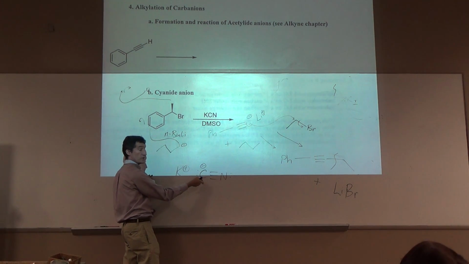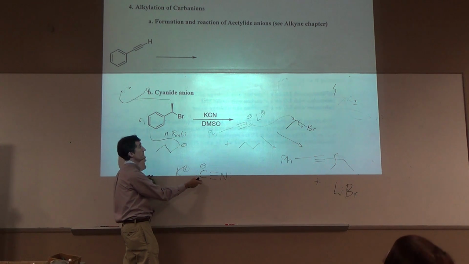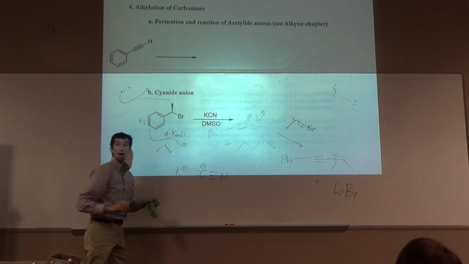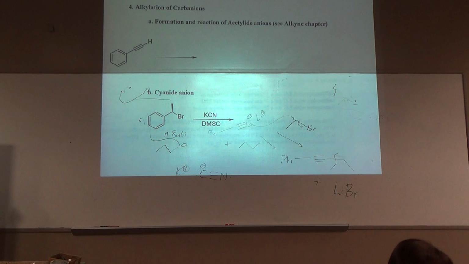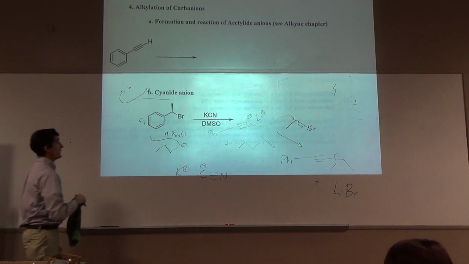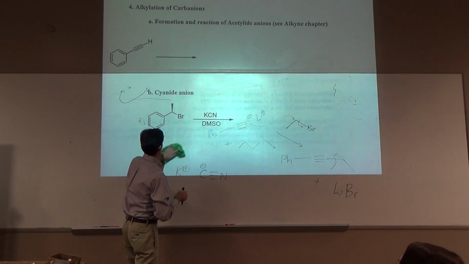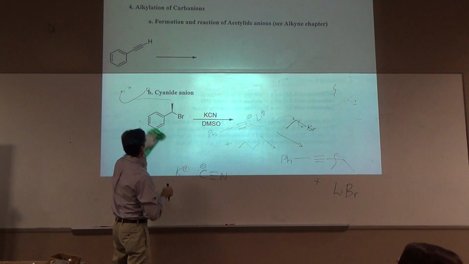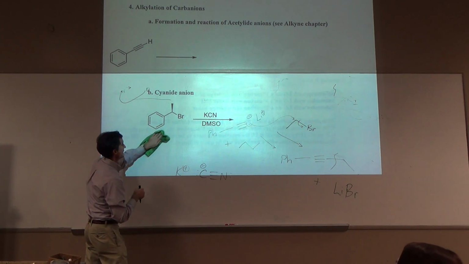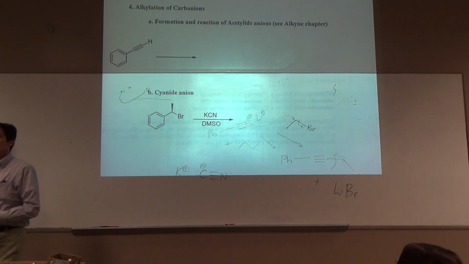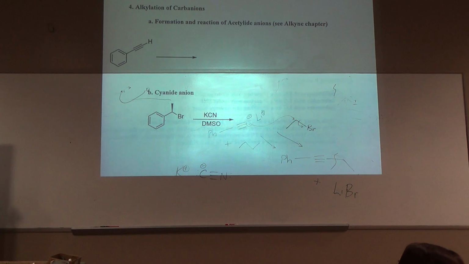And so cyanide is a carbanion. Now cyanide you can buy. Typically you don't make it. It's so easy just to buy it. Potassium cyanide, something like DMSO. Show the product of this reaction. DMSO is just a solvent. It's a polar solvent.